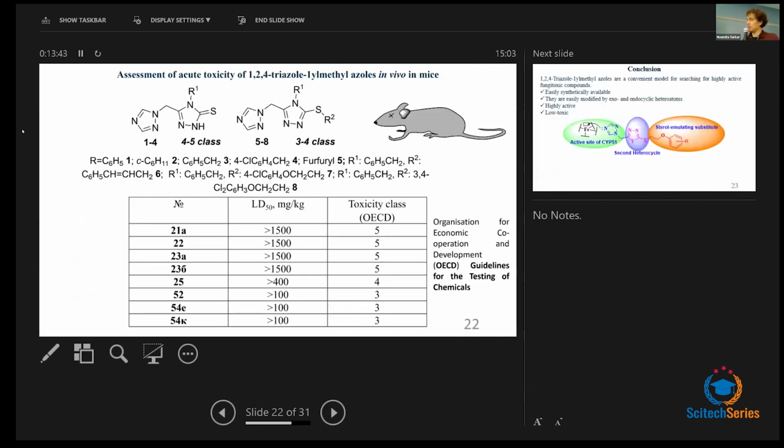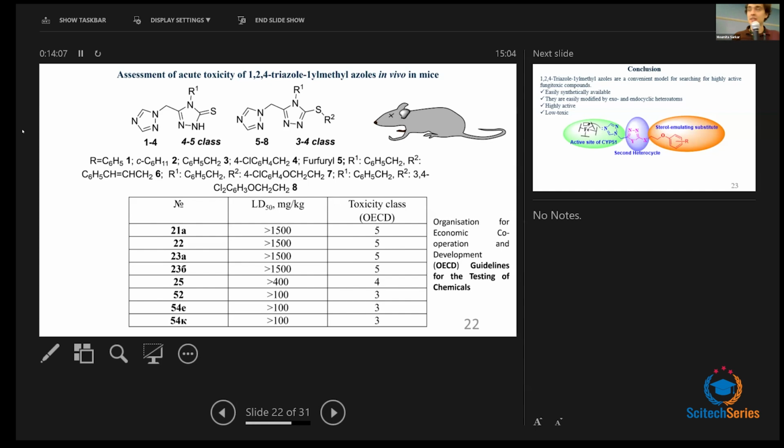I skip this slide. If we work in field of biologically active compounds, we have to test our compounds versus life, another life.